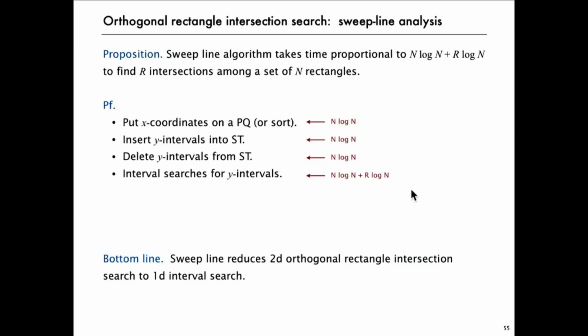So the bottom line is that the sweep line algorithm takes this rectangle intersection problem and reduces it to 1D interval search, and we have an efficient algorithm for that problem, and that enables us to solve the problem in linearithmic time instead of quadratic time, and that definitely enabled new progress in technology, and it's a fine example of the importance of algorithmic technology.